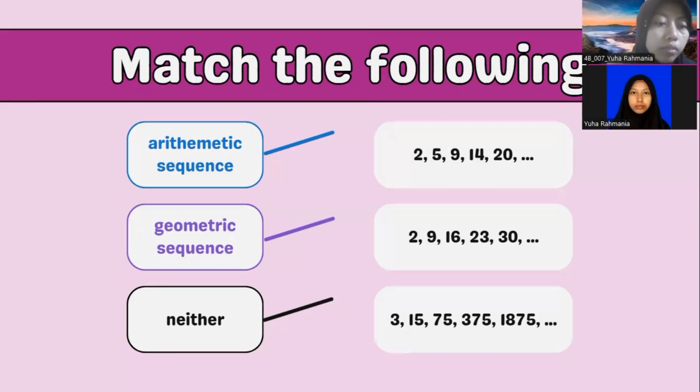If we divide consecutive terms, 15 divided by 3 equals 5, 75 divided by 15 equals 5, and so on. Because the ratio is always 5, this is a geometric sequence with a common ratio of 5.